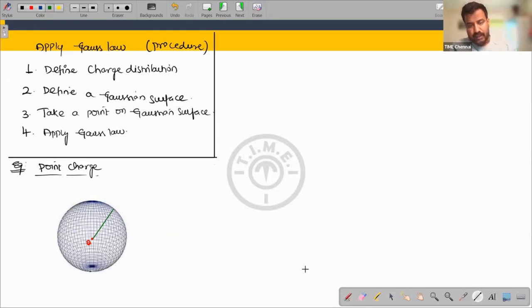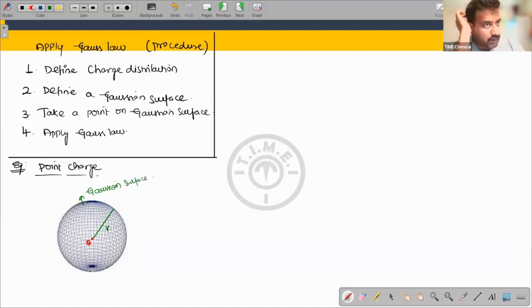This is my charge distribution. Now you must define a Gaussian surface. This sphere becomes a Gaussian surface. The surface of this sphere is equidistant from this charge. So the sphere of radius r, at whose center you have this charge Q, will act as a Gaussian surface.